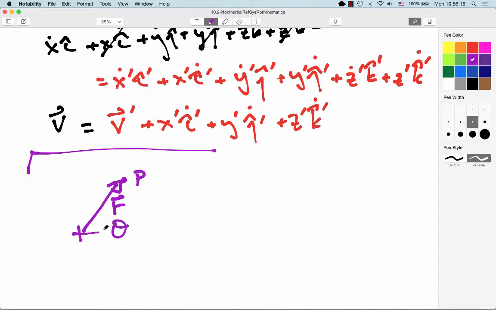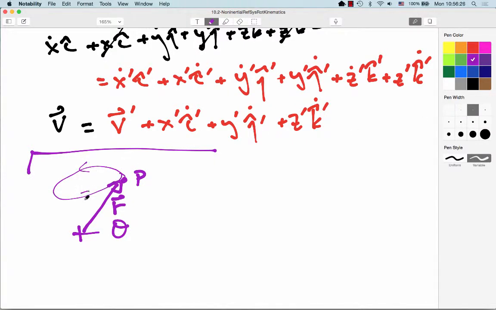Let's say it's rotating around like so. Then at that moment, the velocity would be tangent.